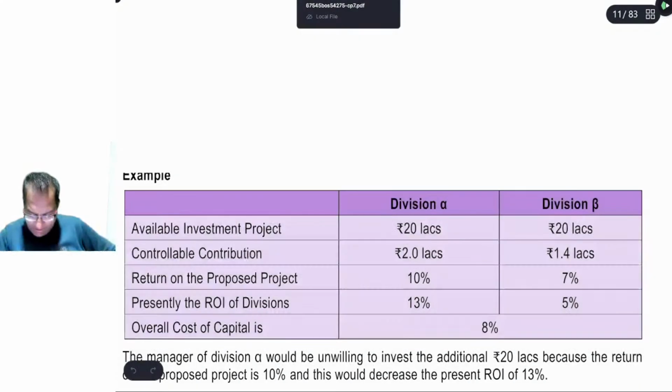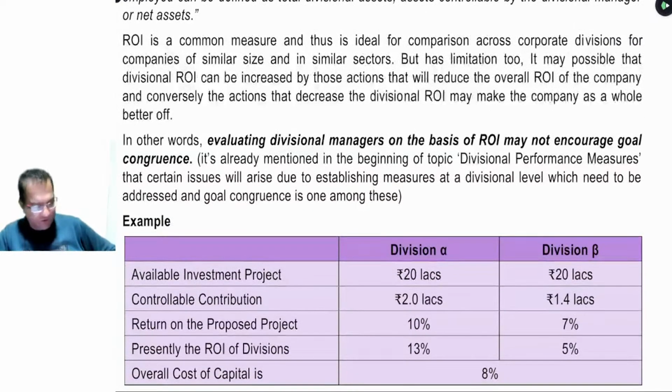Please look at the screen itself; you will find the question. Based on the question, just decide how the department alpha manager came to the conclusion that this new investment is not required by that particular department. Why did he reject this particular new investment? What is the thought process? Do not answer it to me, beta, just think on your own, because when you think on your own, that will carry to the examination. Okay, I give you one minute, beta, think at your own level.